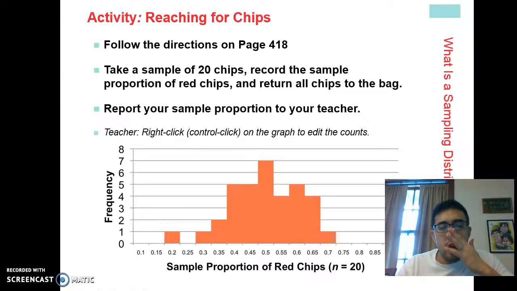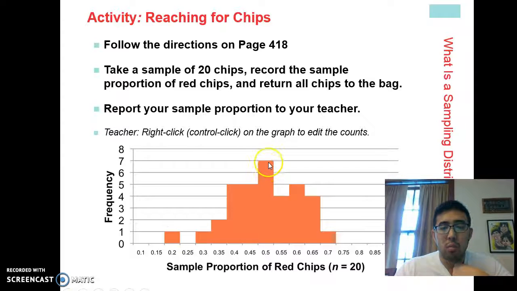And here, this is the distribution of all of your samples, and this is an estimation of what we call the sampling distribution. I know that this is a little confusing, but this means that there's one person in the class that got a sample that was 20% red and 80% black.